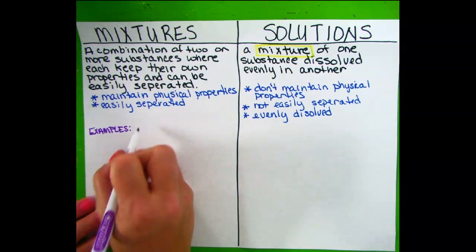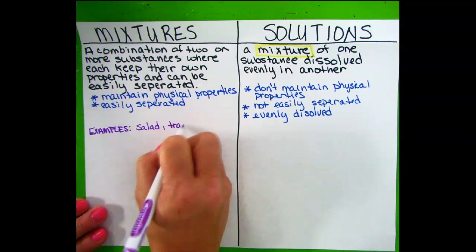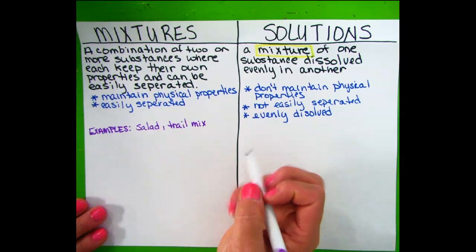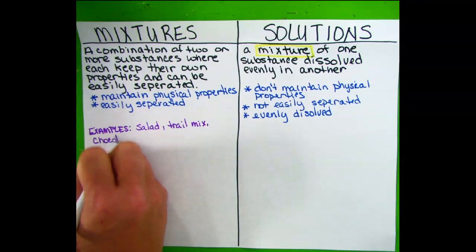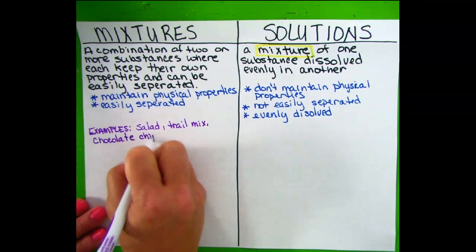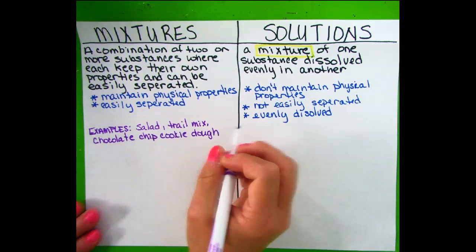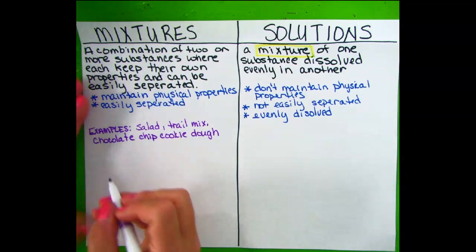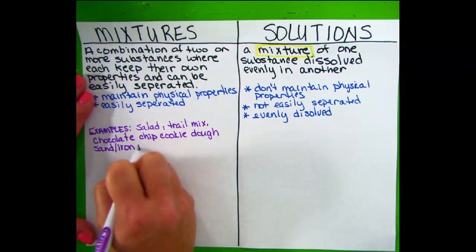Some examples of mixtures would be like a salad, trail mix, chocolate chip cookie dough, sand and water, sand and iron in water.